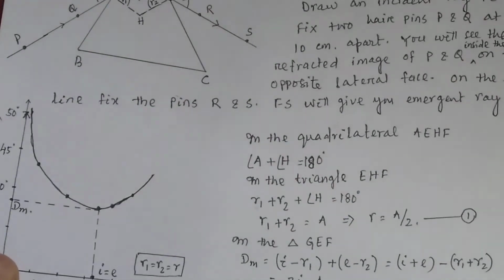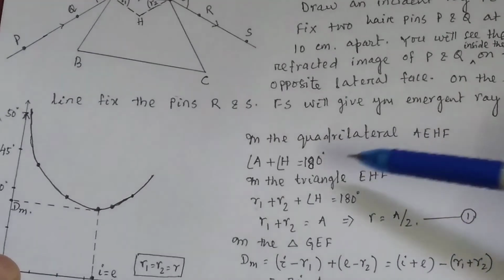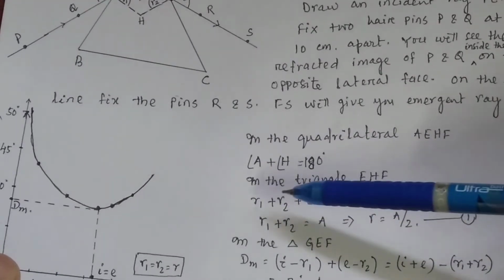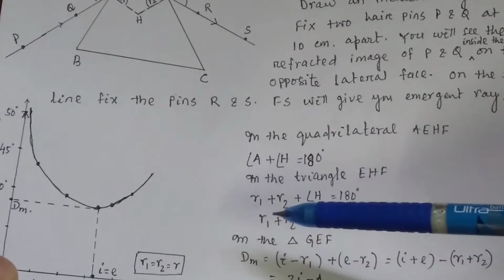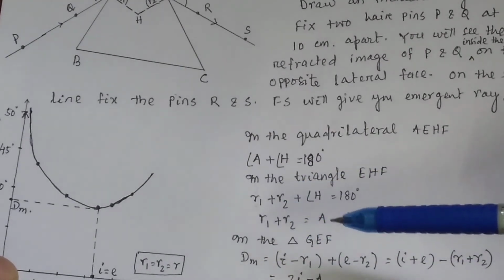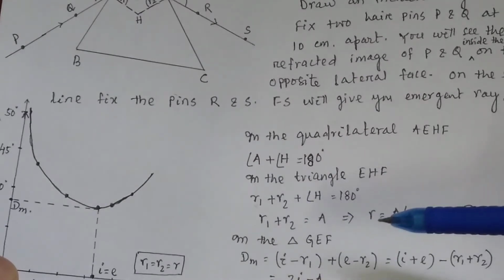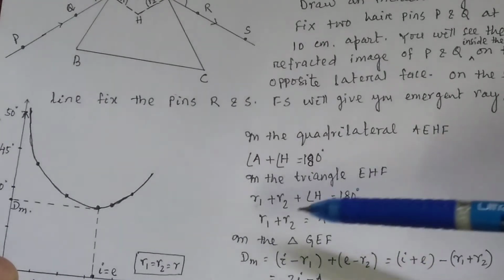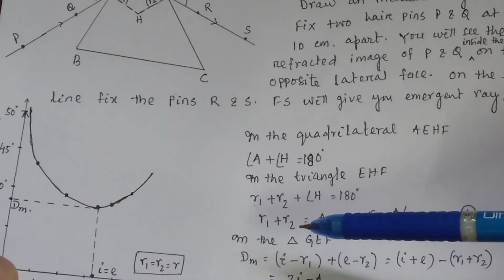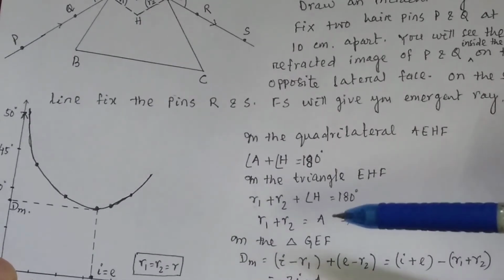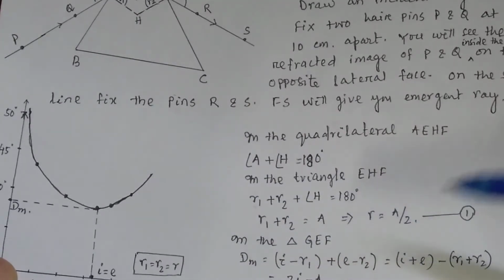If you combine these two equations, A plus H equals 180 degrees and R1 plus R2 plus H equals 180 degrees, you will find R1 plus R2 will be equal to angle A. That implies the angle R will be equal to A by 2, because R1 is equal to R2, which you can simply write as R. So 2R is equal to A, so R will be equal to A by 2. This is equation number 1.